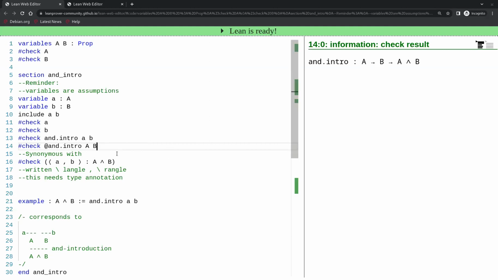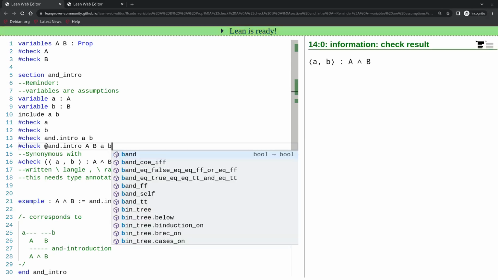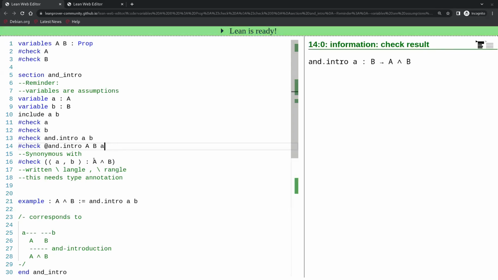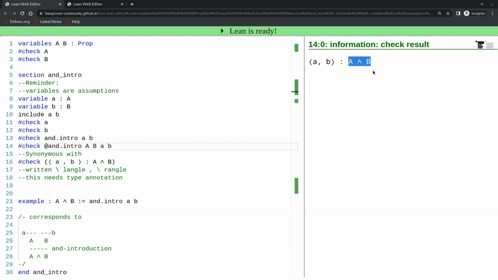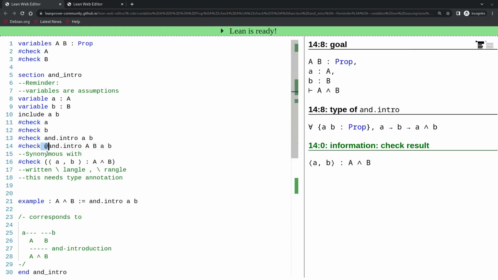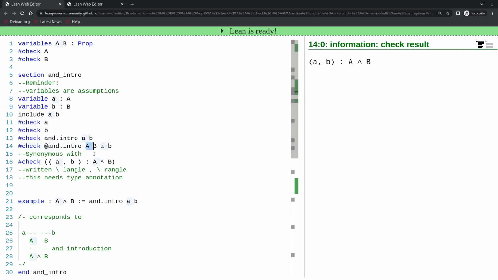So if we apply and.intro A B to a tiny a, then it shows us that all we still need to prove A and B is a proof of B. If we provide this proof of B as well, we end up with a proof of the proposition A and B. The add sign here makes some arguments explicit.